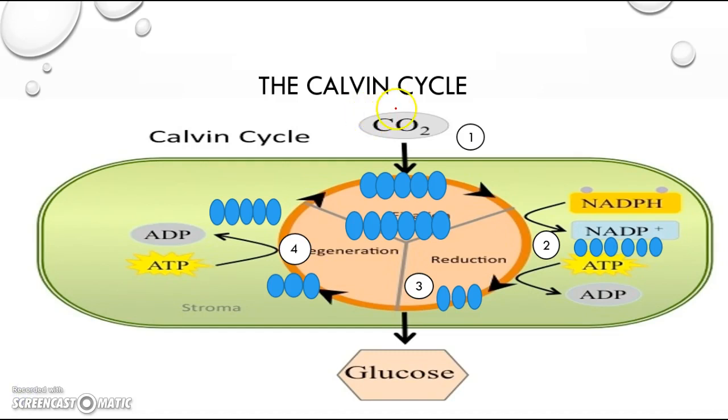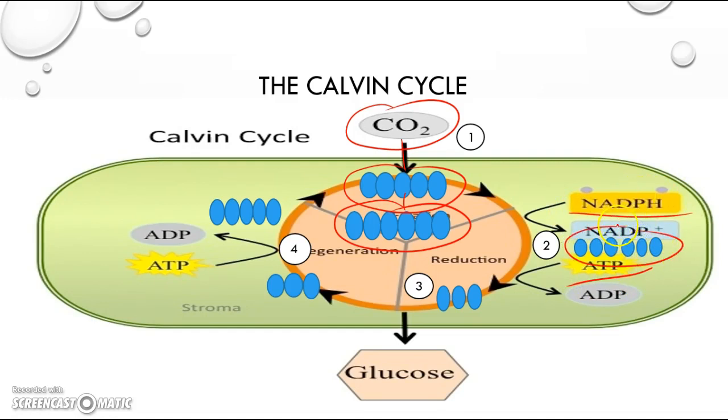is, here's carbon dioxide, CO2, and it's added to a 5-carbon chain to make a 6-carbon chain. And ATP and NADPH are used to break up the 6-carbon chain, which is right here.